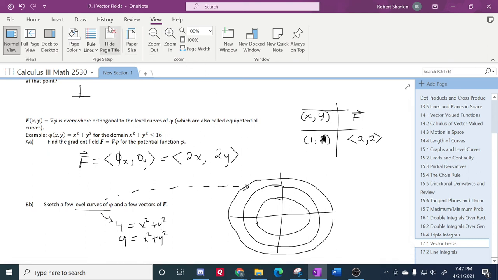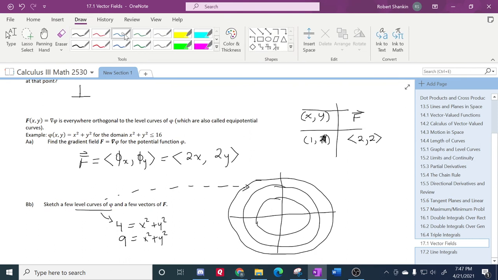At 1, 1, I'm going to get 2, 2. 2 over, 2 up. And you see they are perpendicular right there. And if I go 1, 2, plug it in, I would get 2, 4, go 2 over 4 up, you're much higher, and you're orthogonal to this.